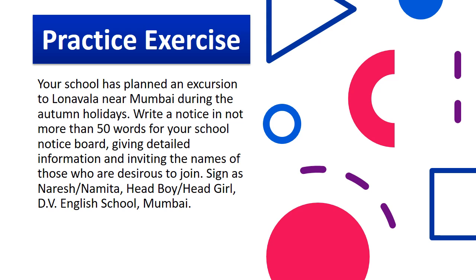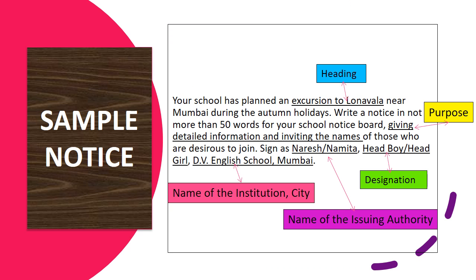Write a notice in not more than 50 words for your school notice board, giving detailed information and inviting the names of those who are desirous to join. Sign as Naresh or Namita, head boy or head girl. DV English School, Mumbai.